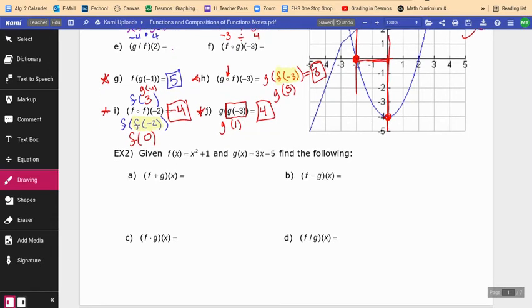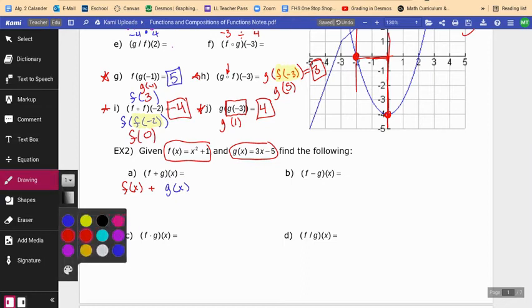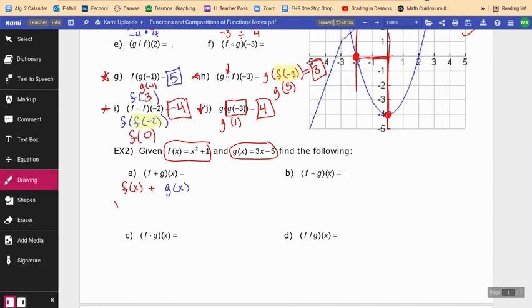All right, so again, now coming back to something that's a little bit more difficult. Okay, again, we have f plus g of x, but this time it gives us equations again. So I'm going to have f of x plus g of x. So what is f of x? f of x is represented by x squared plus 1.